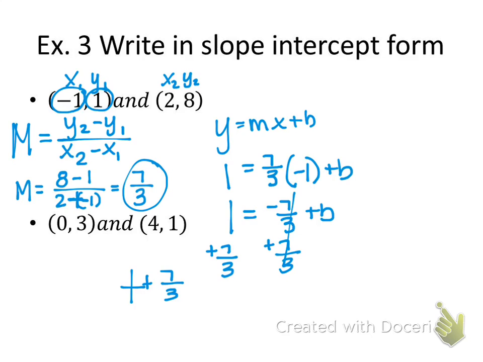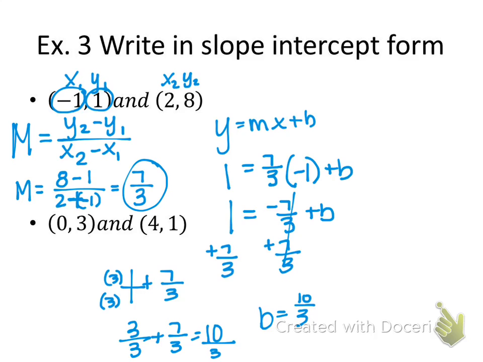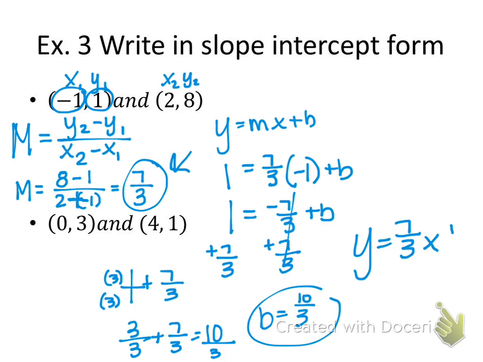So make that 1 over 1. Multiply the bottom by 3 and the top by 3. 3 over 3 plus 7 over 3 equals 10 over 3. So b is equal to 10 over 3. Now I have my slope and my y-intercept, so I can plug it into slope-intercept form, which is y equals 7 over 3x plus 10 over 3.